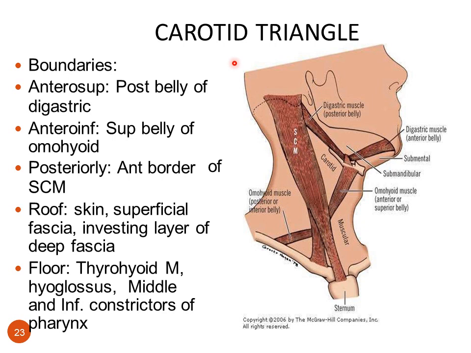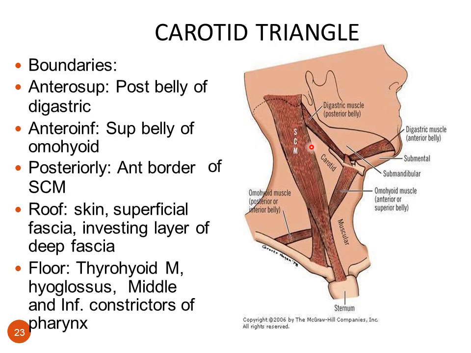Let us discuss the carotid triangle. This is very important from the examination point of view. Pay attention. You can see in this diagram the location of the carotid triangle. Let us start with the boundaries. Anterior superiorly, it is bounded by the posterior belly of the digastric; anterior inferiorly by the superior belly of the omohyoid; posteriorly by the anterior margin of the sternocleidomastoid.